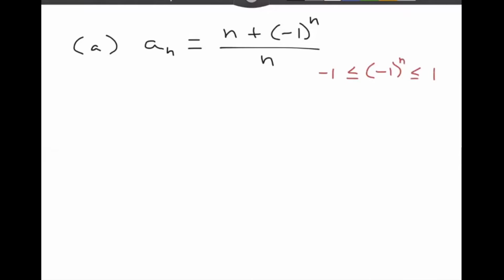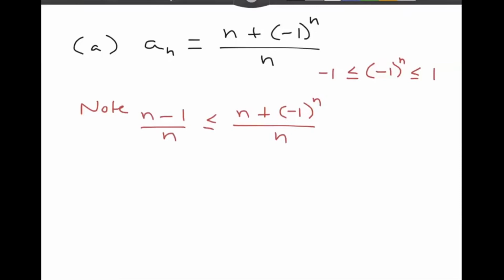So I think I can get away with saying that n plus -1 to the n over n is always greater than or equal to n minus 1 over n, and is always less than or equal to n plus 1 over n.